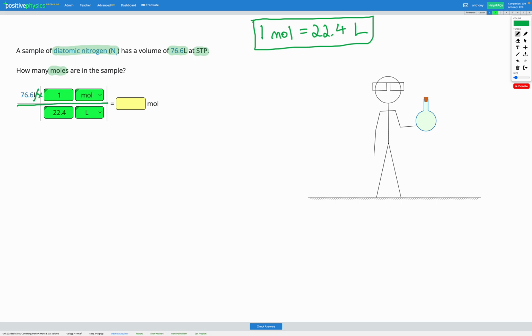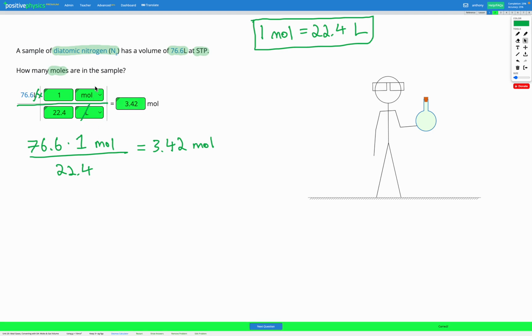The litres are going to cancel. So we're left with 76.6 multiplied by 1 mole divided by 22.4. We put that into our calculator, which gets us an answer of 3.42 moles. So let's check that in our answer box here.